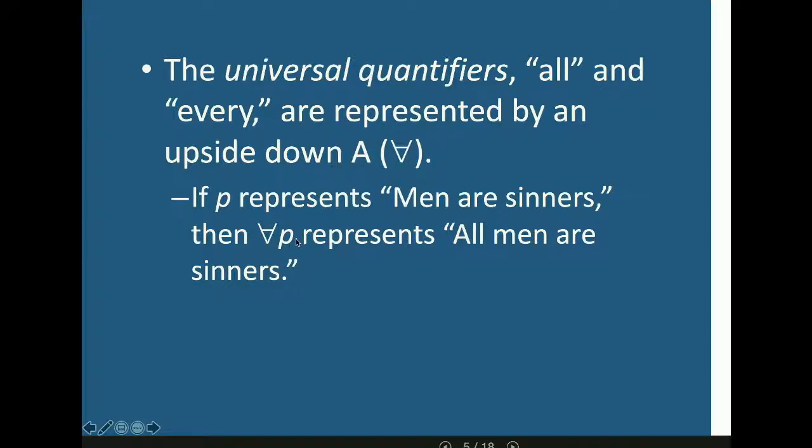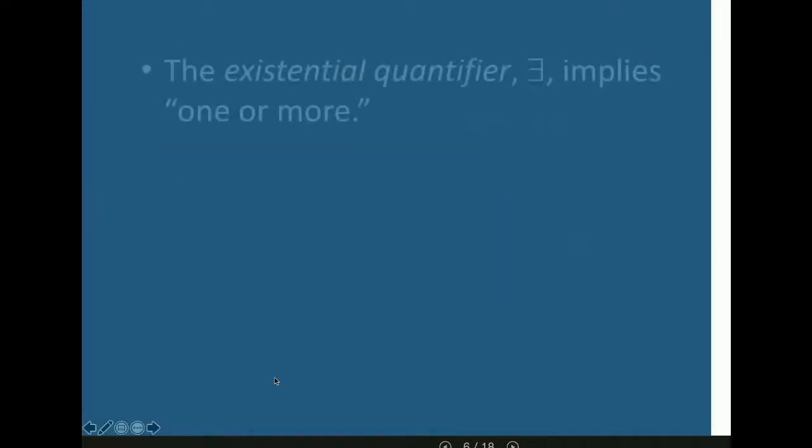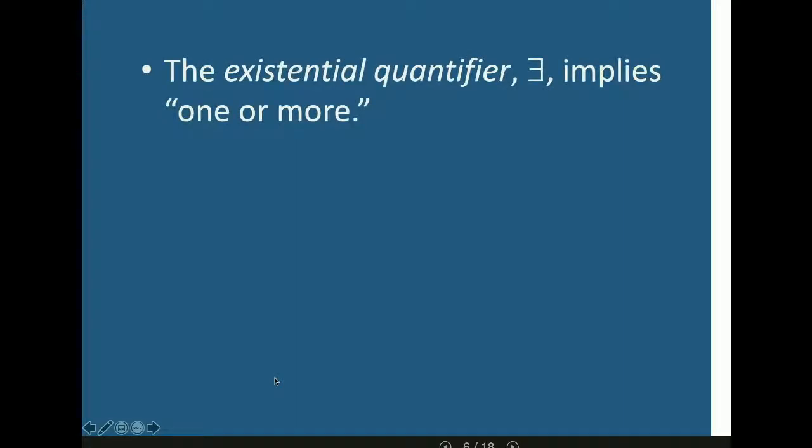Next, there is what's called the existential quantifier. It just means something exists, so you could read it, there exists. We use this backwards capital E for there exists, or one or more, or some, we would say sometimes, but the most specific one is one or more, or there exists.